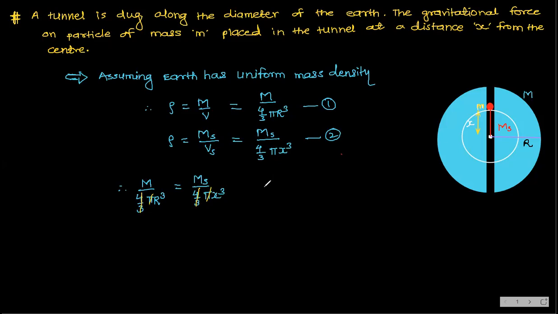So I am getting M divided by R cube is equal to Ms divided by x cube. Clear? Yes, no? Now if I want Ms, that is the mass of this sphere, I transfer x cube here, and therefore I am getting Ms, that is the mass of that sphere, is equal to M by R cube into x cube. Okay, till here I understood. Okay, right.